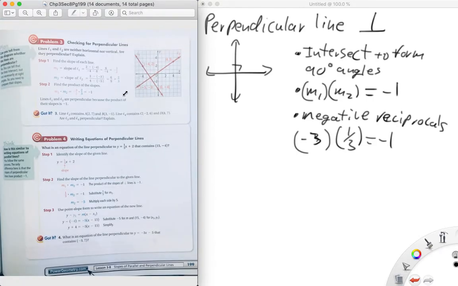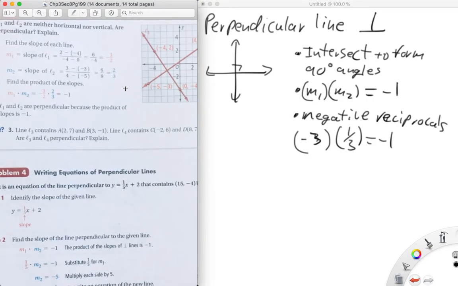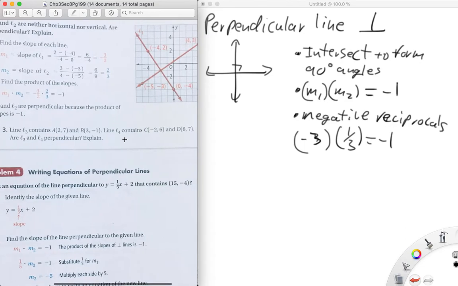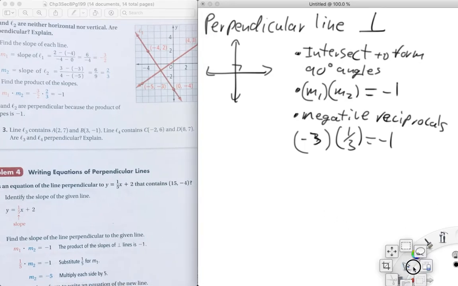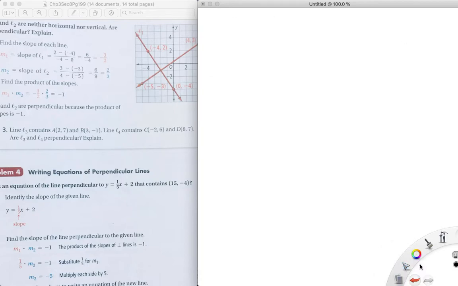Alright, so same scenario. How do I find if two slopes are perpendicular? They give me a scenario up here where L3 has points (2, 7) and (3, -1).